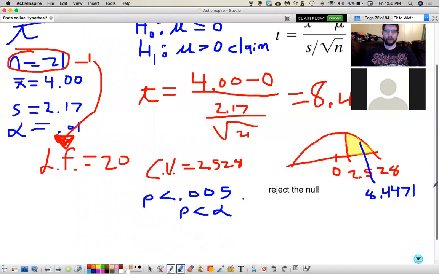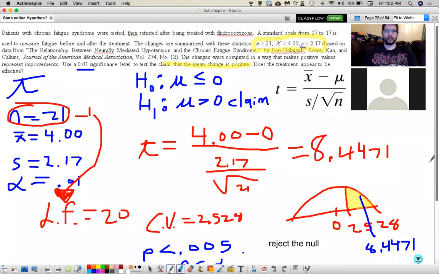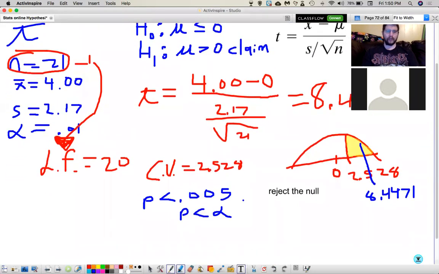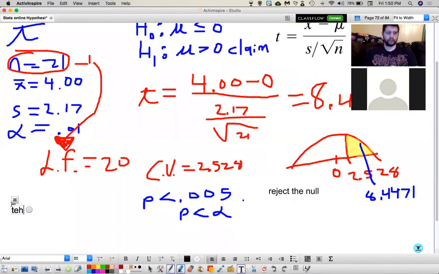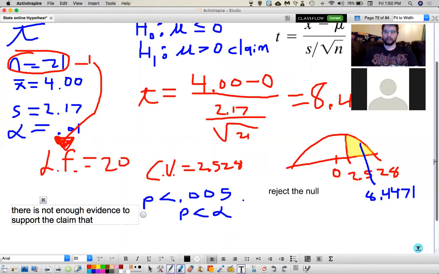Okay. We've rejected the null, the claims, and the alternative. So again, there's not enough evidence to support the claim. And then whatever the claim said.